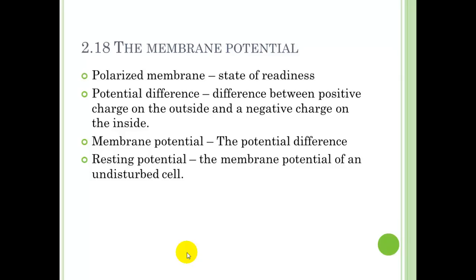And then we have the potential difference, the difference between the positive charge on the outside and the negative charge on the inside. Next term is membrane potential, and that's essentially the potential difference, or does this thing have a potential to generate a stimulus.